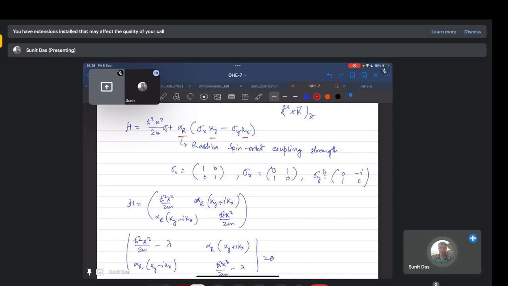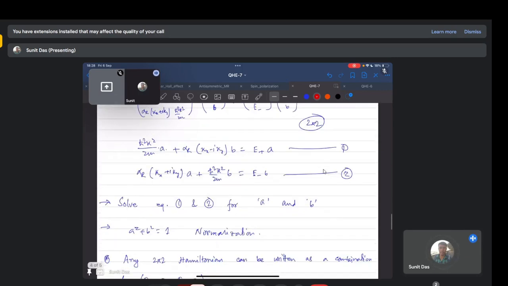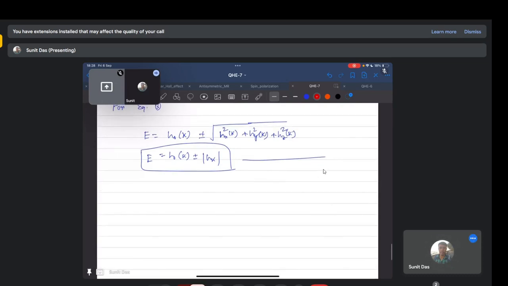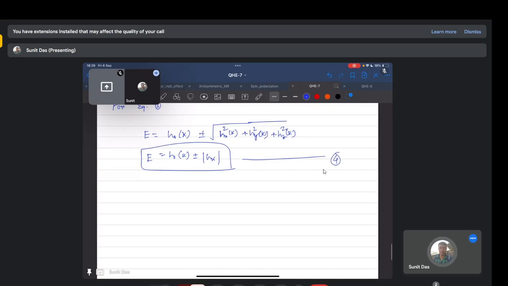So for this model, h0 is simply the free particle parabolic term, hx is alpha ky, and hy is minus alpha kx. Once you segregate this, you will have the general energy eigenvalues given by equation 4.